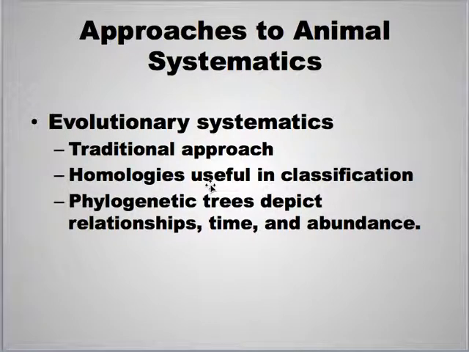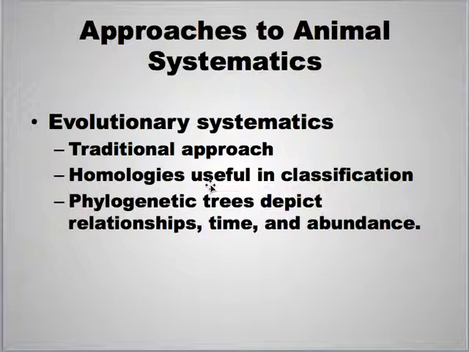So the way evolutionary systematics works is there is a traditional approach. In this case, what you look for are homologies. Now remember, homologies are similarities, traits that can be found similar between multiple species. We spoke of the bones, similar bones in forearms across multiple vertebrates.